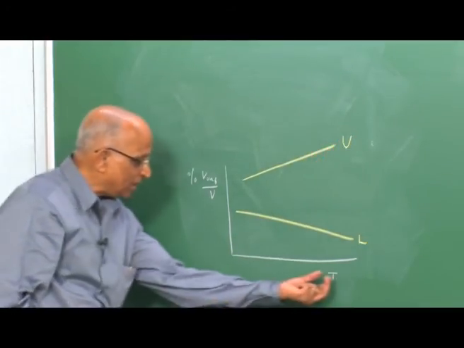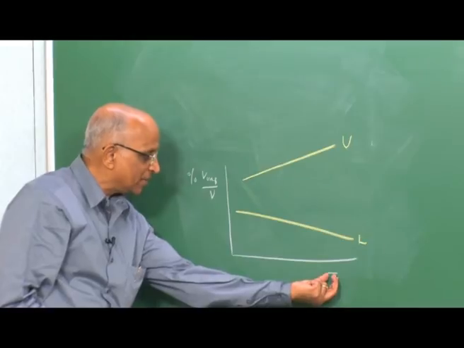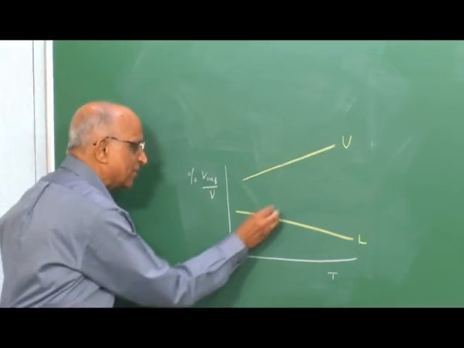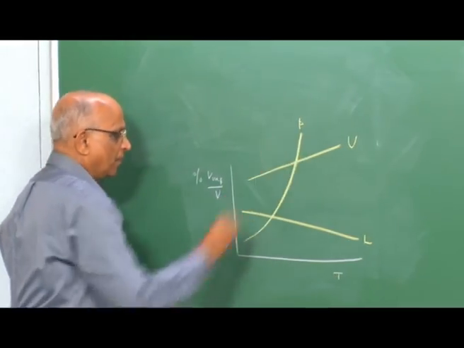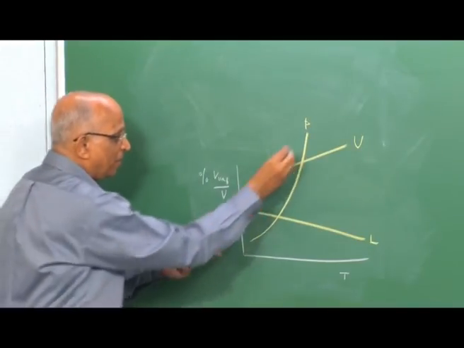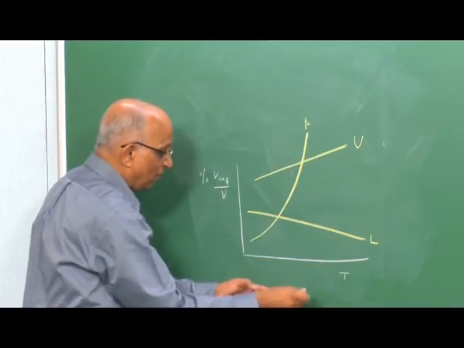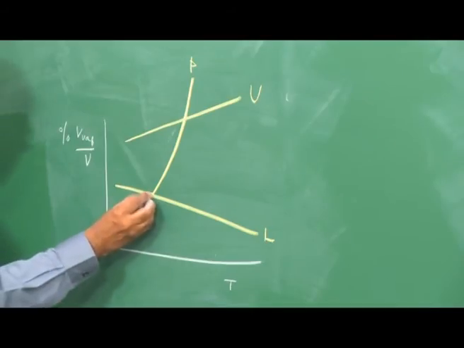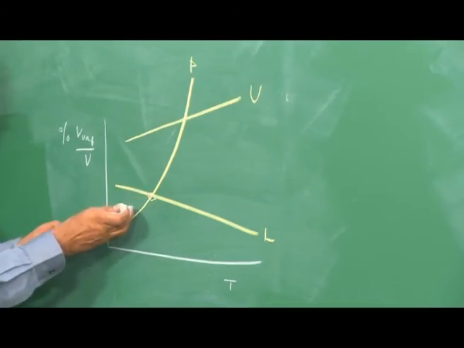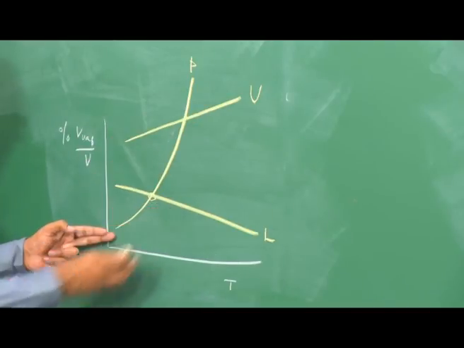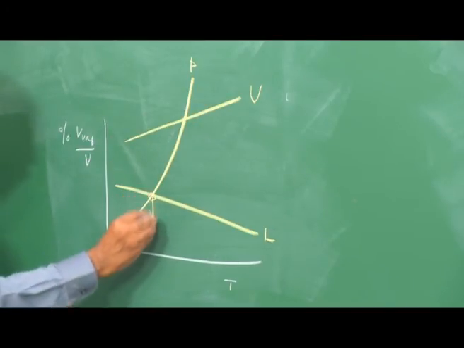We also know, as the temperature of the volatile liquid increases, its vapor pressure increases. This is the vapor pressure curve. Therefore, I form vapor as the temperature of the volatile liquid increases. At this confluence, that is the intersection of the vapor pressure curve and the L curve, what happens?